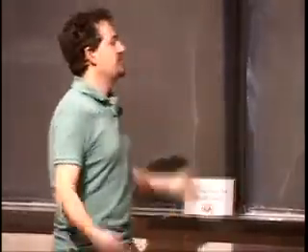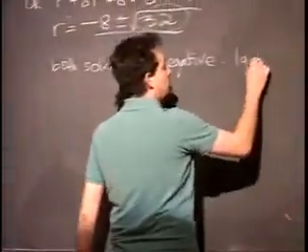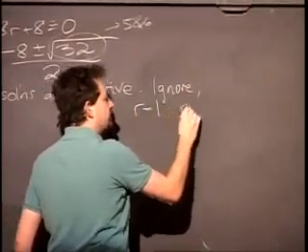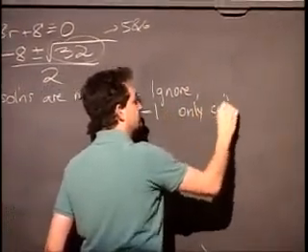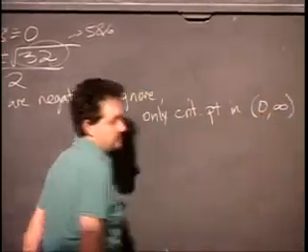That's sort of what happens. So this is all very insane stuff. So we ignore them. Ignore these cases. r equals 1 is the only critical point in the acceptable domain from 0 to infinity.